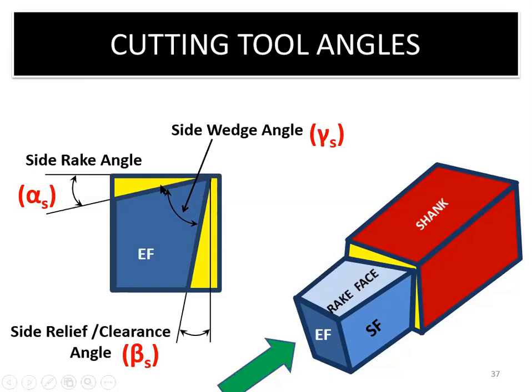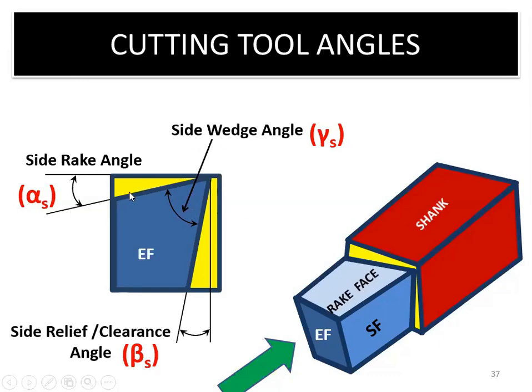This side rake angle is given to facilitate the chip contact with your rake face. So chip motion or chip flow will be facilitated, and also it gives sharpness to the side cutting edge. If this material is removed, your side cutting edge will be sharp.